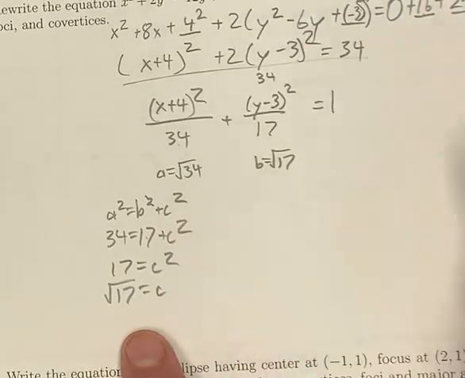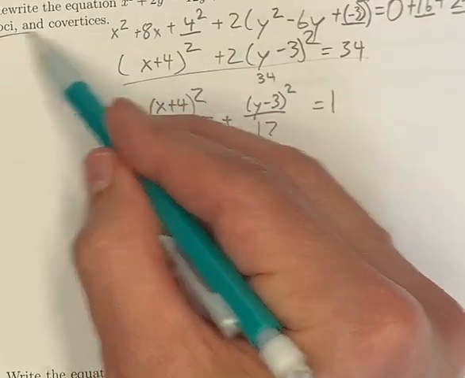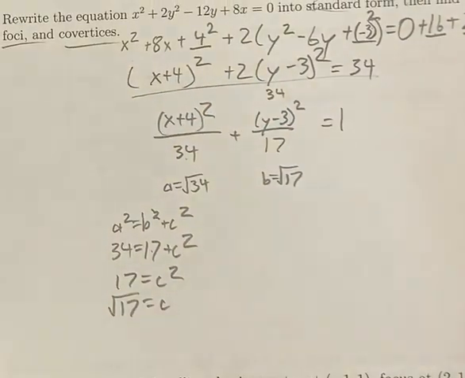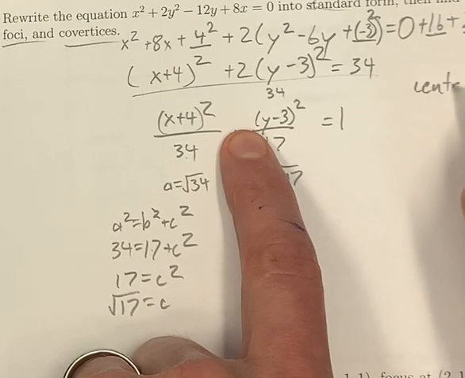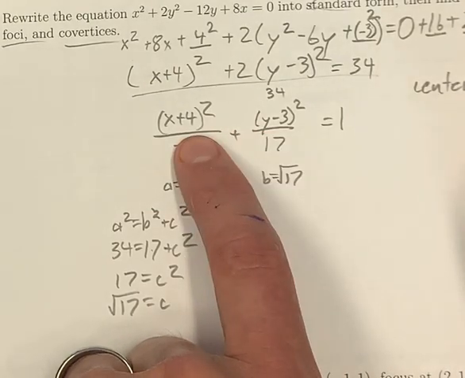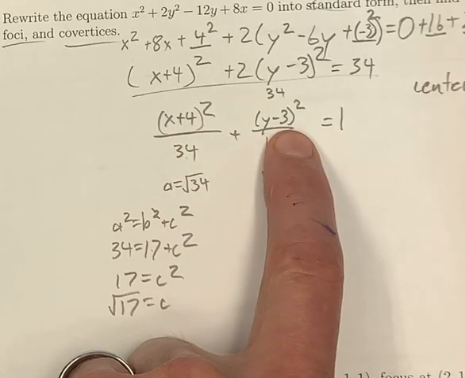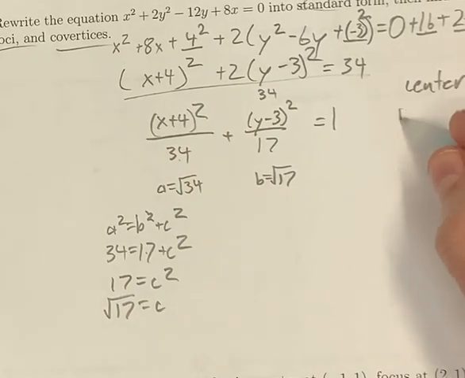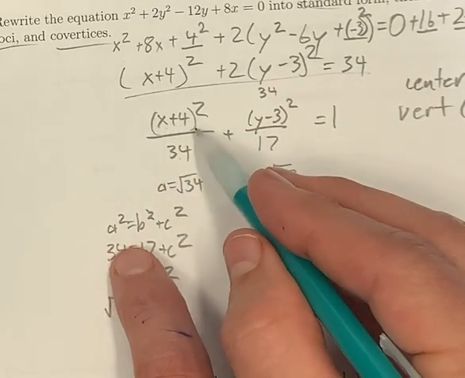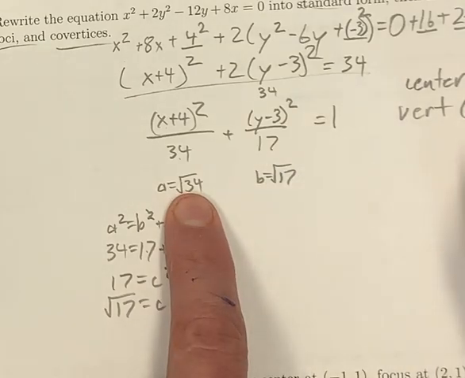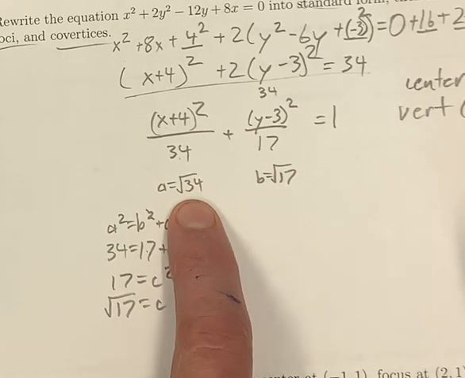Okay, so now we're ready to do vertices, covertices, and foci. But you have to start at the center. Even though it doesn't require the center, you ought to start thinking about the center. Negative 4, 3 is the center. Where are the vertices? Well, the vertices start at the center, and because the major axis goes with x's, we're going to go right and left, so negative 4 plus or minus root 34, 3.